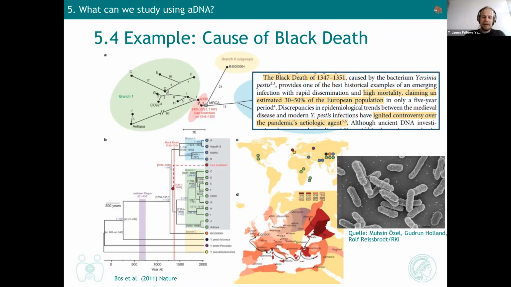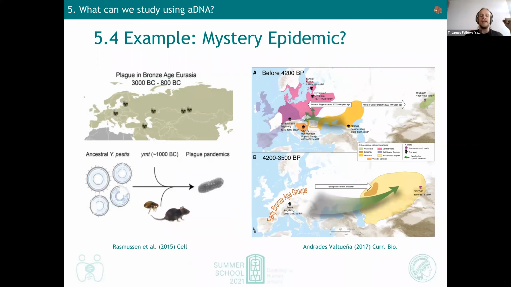Now, you may also still be asking, okay, cool, but this is just confirming historical records. Why do we need ancient DNA here? It's already written down. But ancient DNA can also uncover completely unknown epidemics or even pandemics that existed in the past. So, for example, in 2015, researchers in Copenhagen looked at all the non-human reads of some of the ancient population genetic studies that they were performing from the Bronze Age.